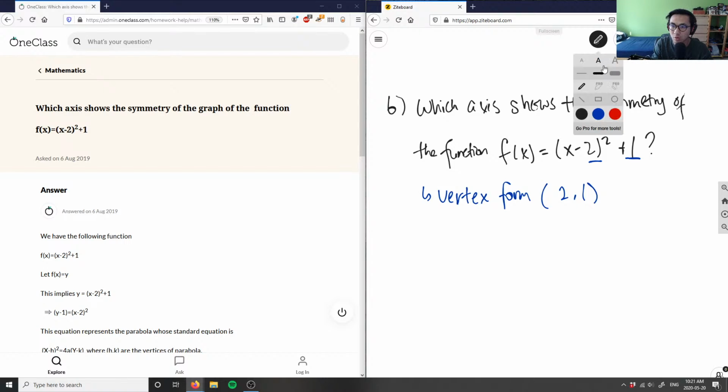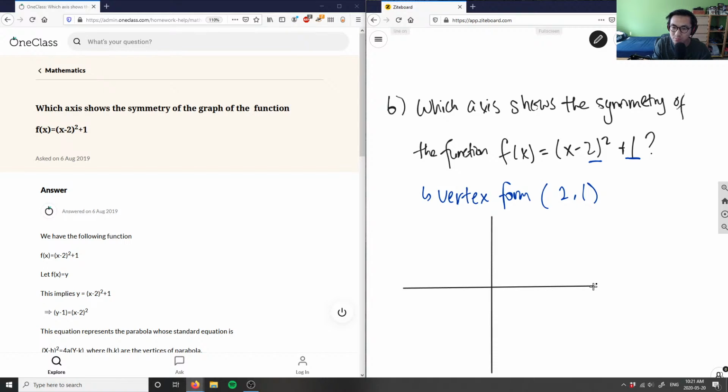But if I were to draw a graph of this function, I know the vertex is (2, 1). So I can estimate here, this is 1, so here's (2, 1). This is the vertex of the formula, and it can either open upward or open downward. In this case, my a value, the imaginary a value here, is equal to 1.